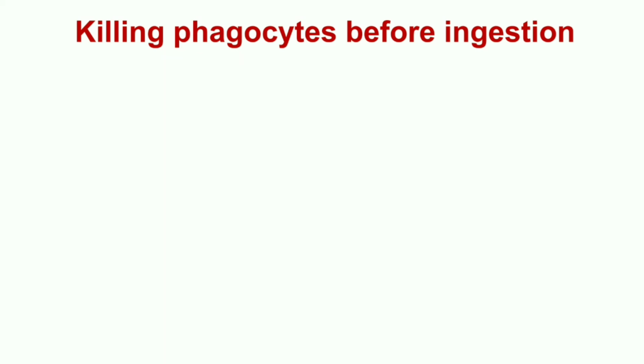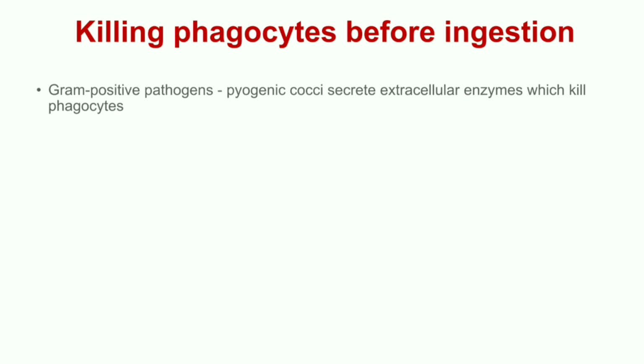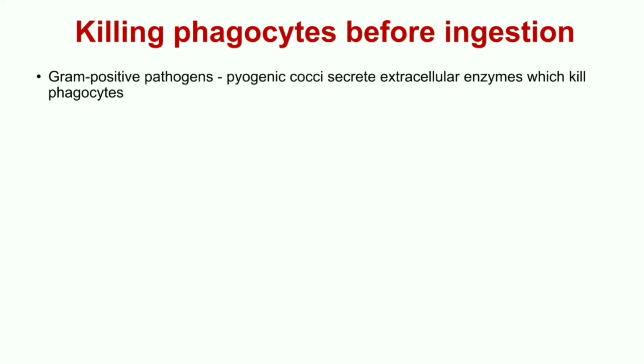Killing phagocytes before ingestion. There are many gram-positive pathogens which adapt this particular strategy of killing phagocytes before ingestion. Pyogenic cocci are one of them. They are known to secrete extracellular enzymes.